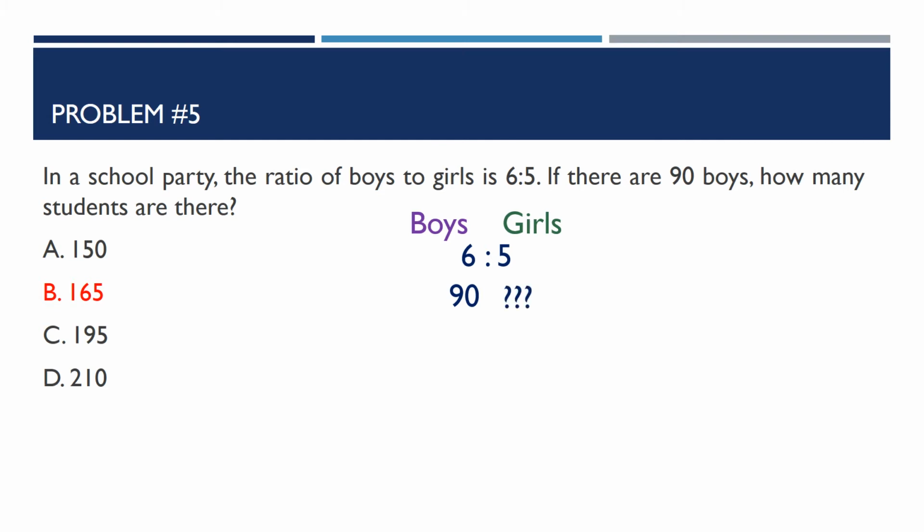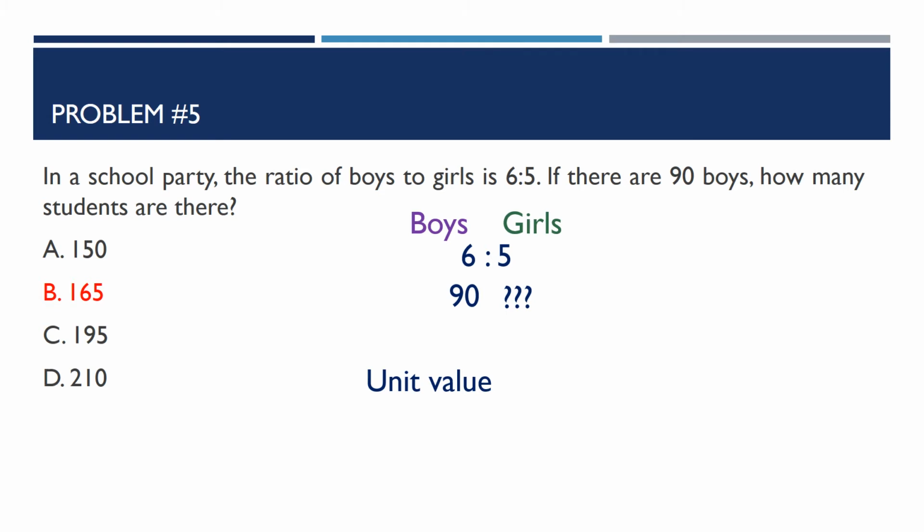And we don't know how many girls there are. So that's a problem. That's why we cannot identify the total number of students, because we're just given the ratio. And so to solve this, we need to get the unit value, meaning we need to know how many students are represented by each unit in the ratio.